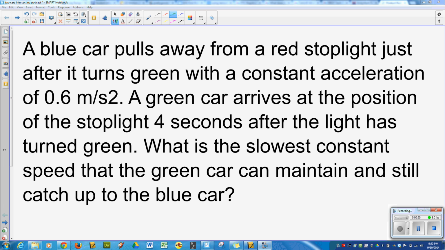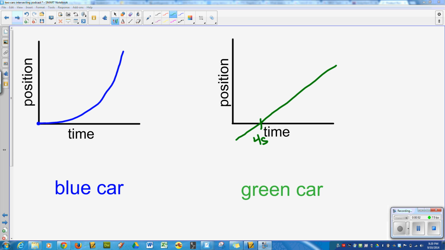So let's look visually at what this means. If we consider the blue car, it will be starting from position 0, which is the traffic light, and speeding up at a regular pace. The green car is going at a constant velocity, but will not cross 0 position until it is at 4 seconds, going at a constant slope, which is the velocity.